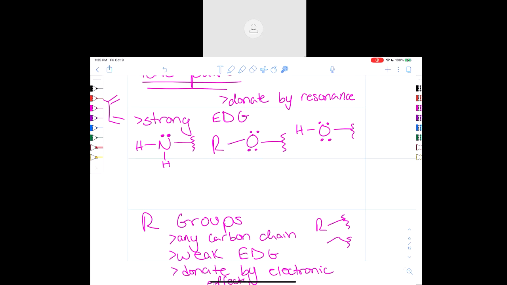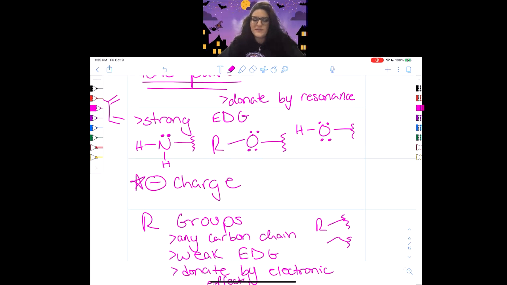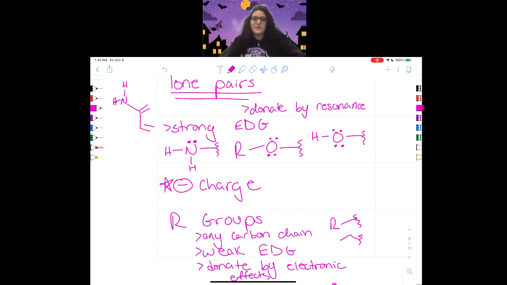And then one other thing I forgot to mention, electron donating groups also contain negative charges. So anytime you see a negative charged group attached to the diene, you know that that's going to be electron donating. Those don't come up as much, which is why I forgot about it for a second, but that's an option.